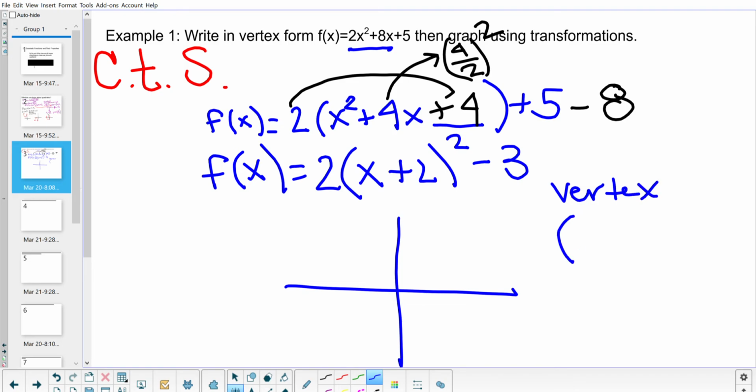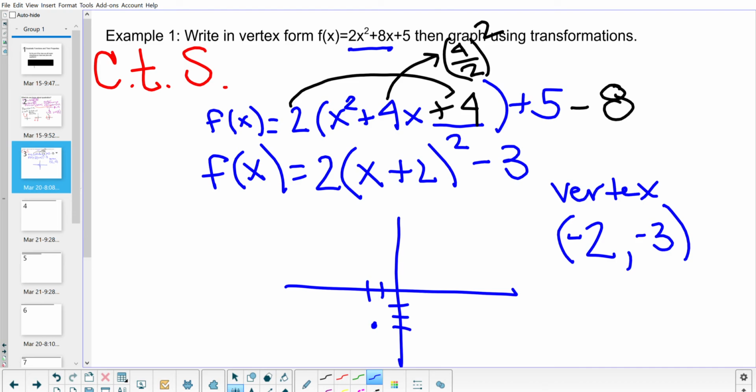So the vertex is actually going to be -2. This is just like with conic sections. The value you pull out of these parentheses is the opposite sign. So it's -2. If it's plus, that value is negative. However, this is k. No matter what, this is k. So k is -3.